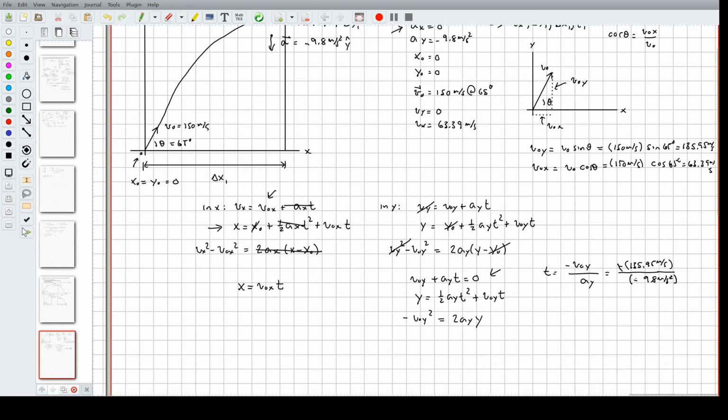Now the negatives cancel, which is a good thing. Well, like I said, we always want positive times. That's the only thing that makes physical sense here. And so 135.95 divided by 9.8 is 13.87 seconds.